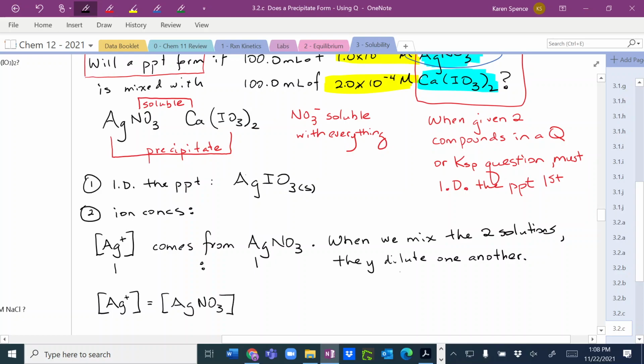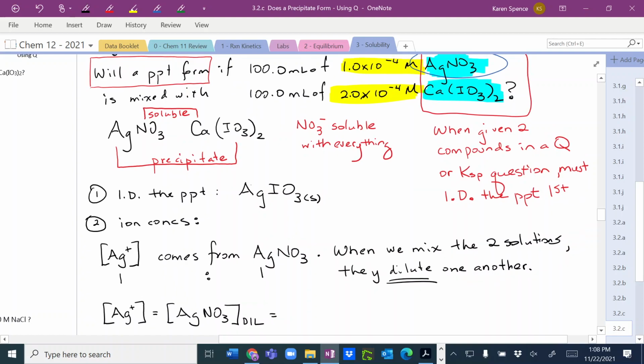But because I am mixing those two solutions together, I'm going to have to calculate what this is diluted. So when you're doing your dilution calculation, you may do it any way you want. If you want to use the mole method, that's great. If you want to use M1V1 equals M2V2, that's great. I'm going to stick with M1V1 because I like it, but feel free to use whatever method you like.